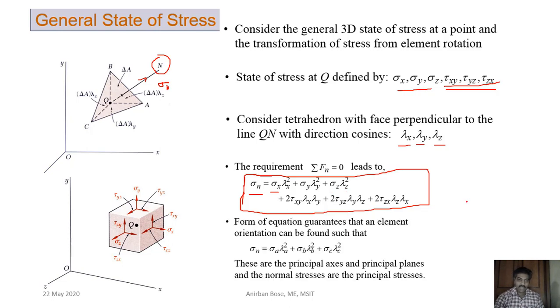So if you do that, then we will get the principal stresses. So sigma n is possible to express in terms of sigma a, sigma b, and sigma c only, and there will be no shear component. Okay, so these particular planes where no shear components are present are called the principal planes, and the corresponding normal stresses are called the principal stresses.